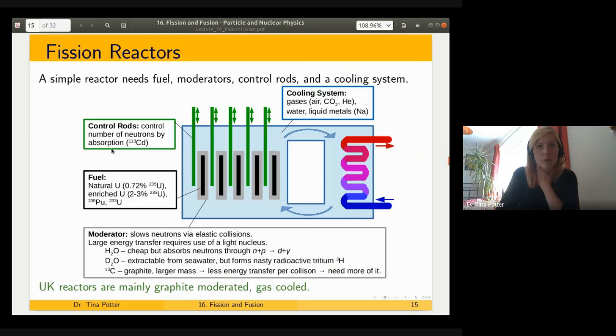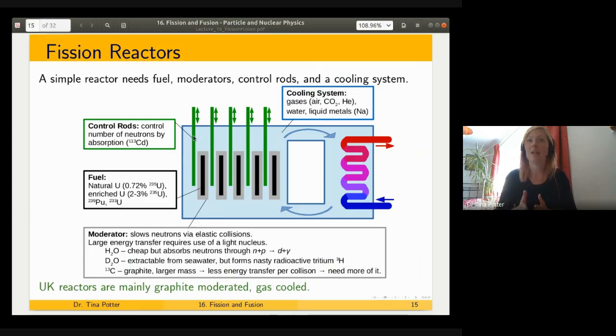The final thing we want to do, we've got the fuel, we've got neutrons coming out of the fuel to initiate other fissions. We're slowing them down to initiate other fissions, and we're carrying off the heat to do something cool with it. The next thing we want to do is try and control the reaction itself, so to control the number of fissions another one can induce. So we're going to control the criticality of our chain reaction.